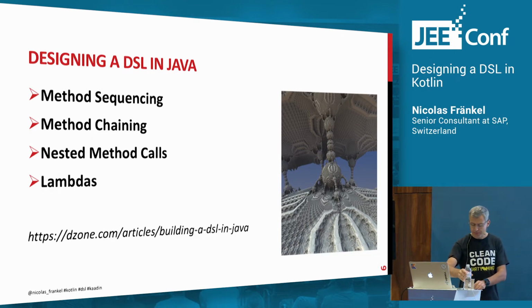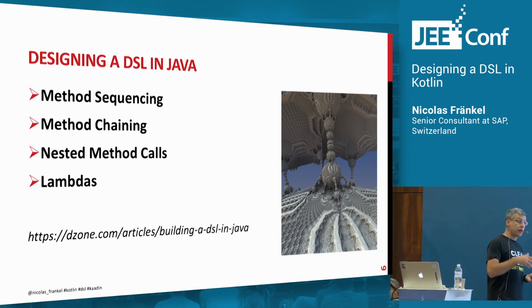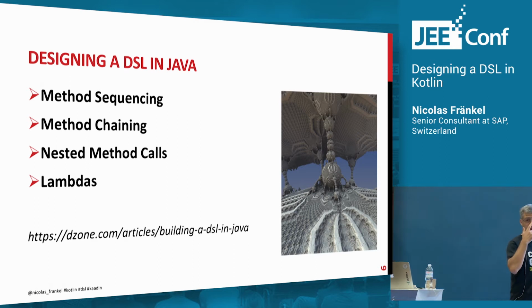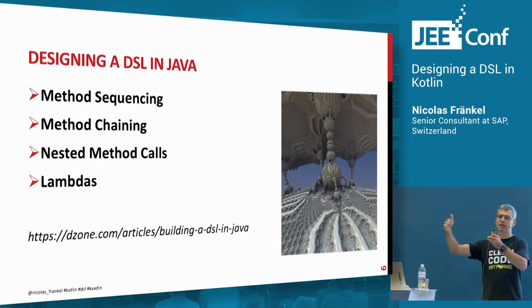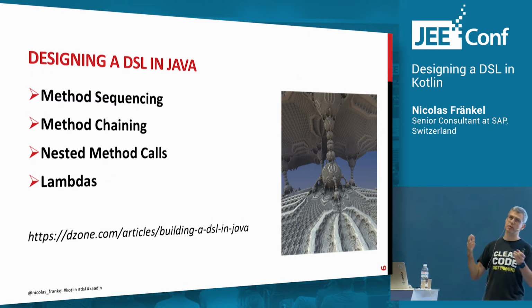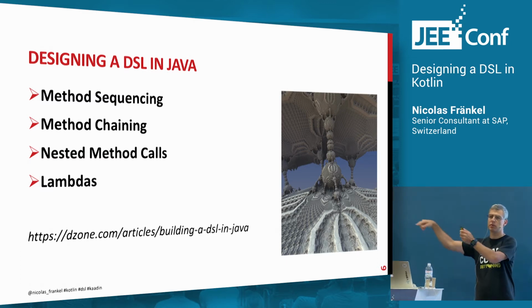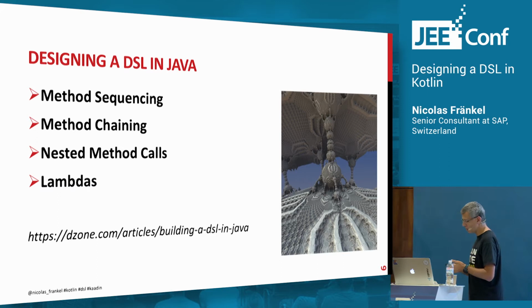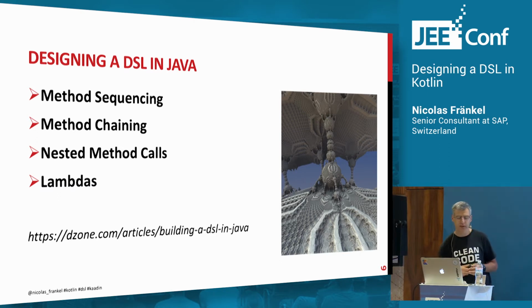With method chaining, for example, when you have a setter, instead of not returning, you return this, and then you can call setA, setB, setC, set whatever. Or if you don't like this kind of stuff, you change the set with a with, so withA, withB, withC. And this is another way to have this feeling of a DSL.